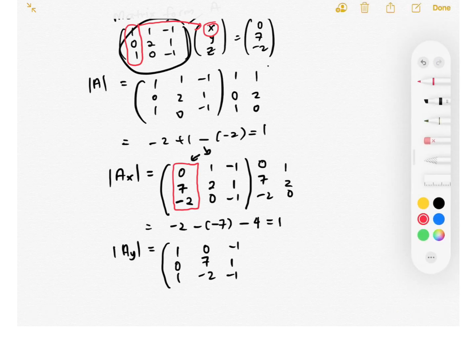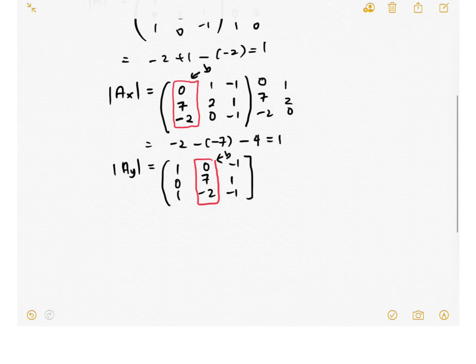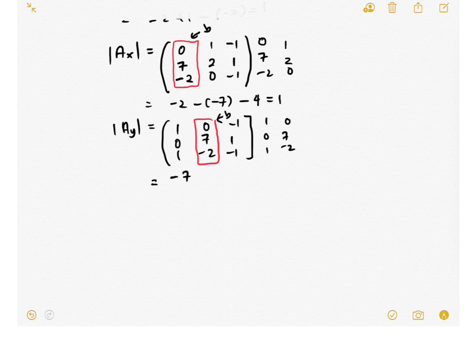So this is how you do Cramer's rule. Then again, to find the determinant, just expand. Lastly, let us find Az, in which we change column number 3 to the B matrix.